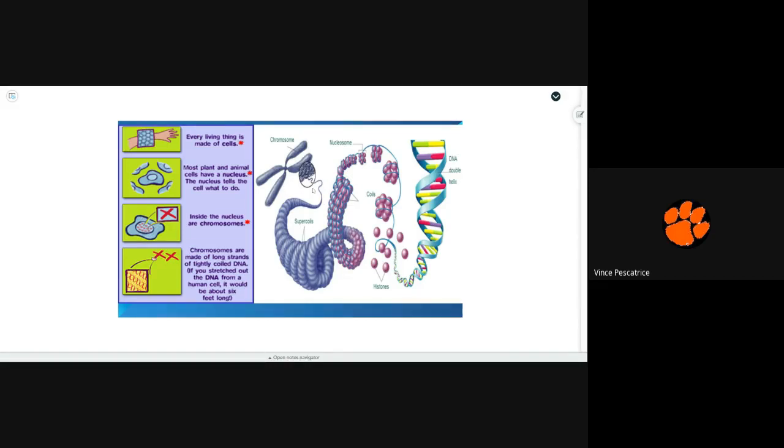Just think about that for a minute, and this is how it works. It bundles around these histones, and the histones coil into supercoils, kind of like those old telephones with the long cables that always coil up. That's kind of what happens with the supercoils, and those condense into a chromosome. So this is pretty wild when you think about it.